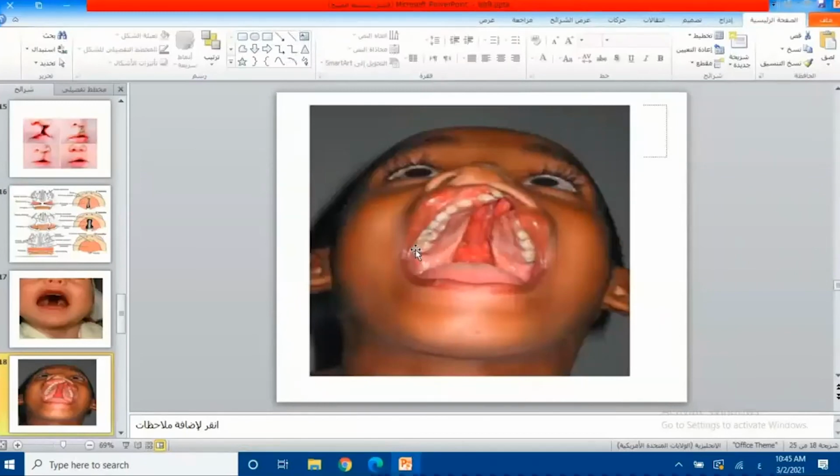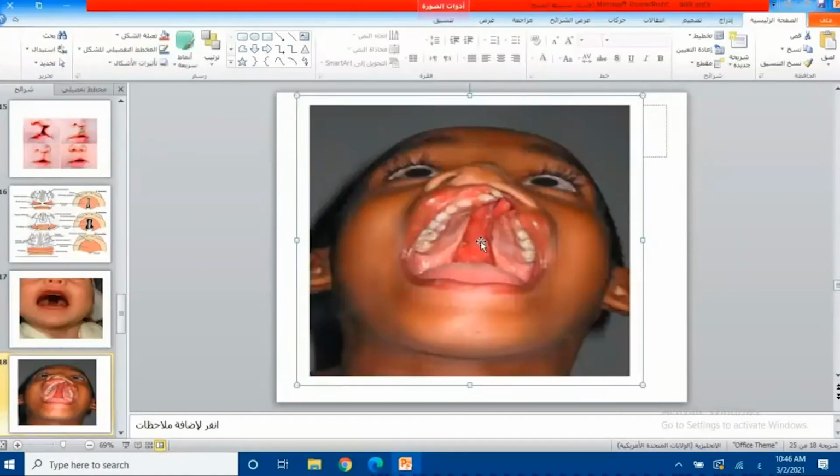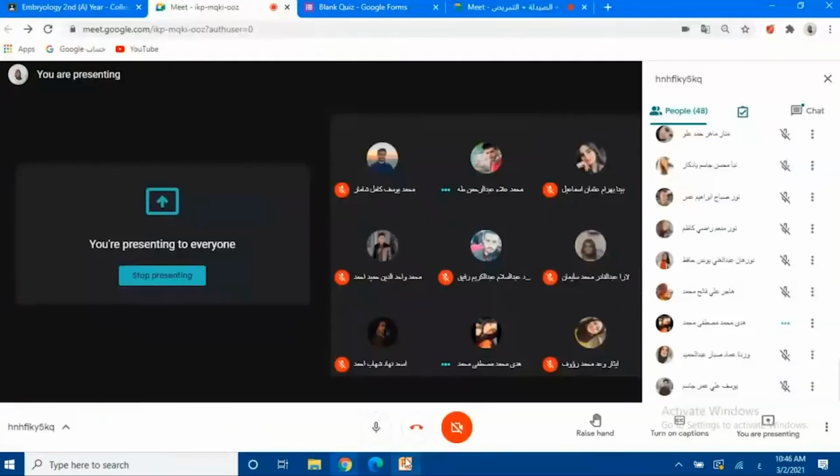A unilateral cleft of the upper lip extending to the nose also. Yes, what else? Also the upper jaw and the palatine. Palatine, yes, including secondary and primary palate cleft. Very good. Thank you very much.